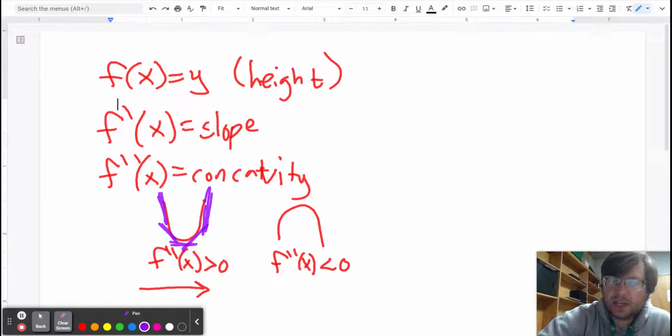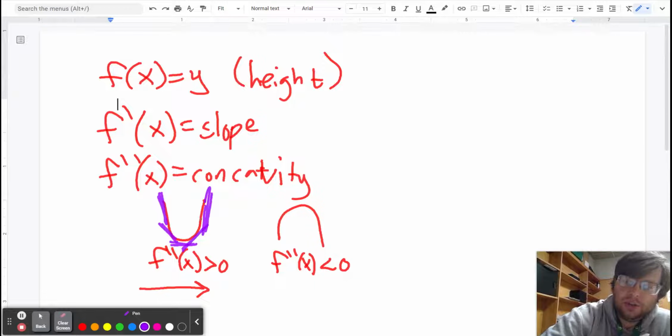That's why the second derivative is positive, because the second derivative tells you how the first derivative changes, and the first derivative tells you the slope. So if the second derivative is positive, the rate of change of your derivative is positive. In other words, your slope is increasing.